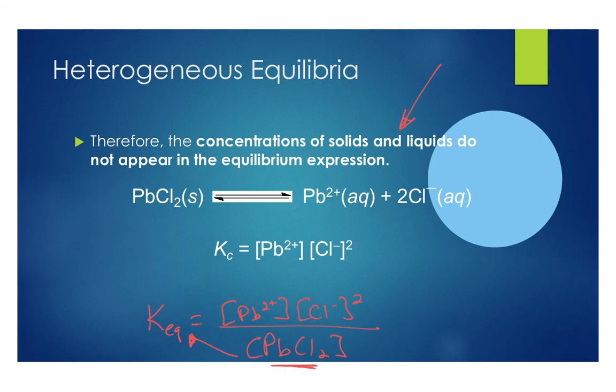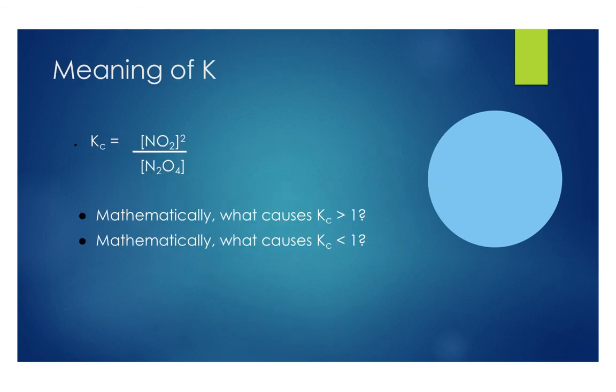It gets built into the Keq. That means it does not appear in our equilibrium constant. So we would just say Kc equals the concentration of Pb2+ times Cl- squared. Okay, so again, anything that's a solid or a liquid does not appear in an equilibrium expression. All right, so we can go ahead and write equilibrium expressions that give us an equilibrium constant expression.